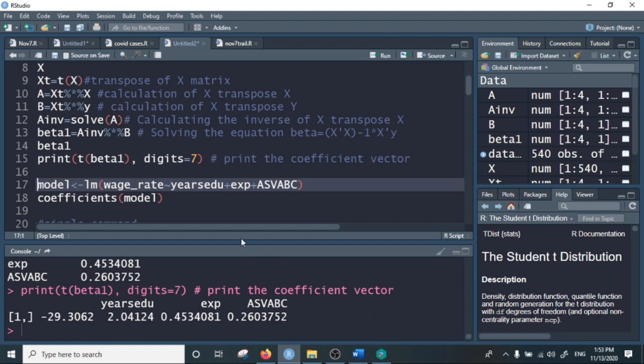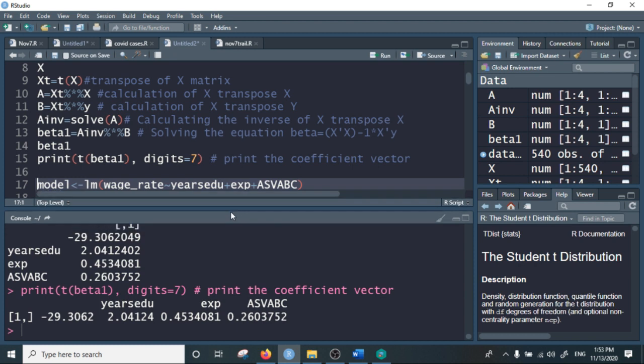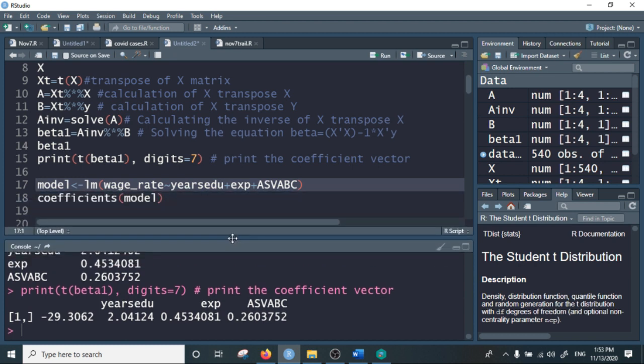Now we can check whether our estimations are correct or not with the inbuilt lm function in R. The inbuilt lm function estimates the OLS regression. I save the results of the inbuilt function in the object called model, which is defined by the linear regression with dependent variable wage rate and independent variables years education, experience, and ASVABC.